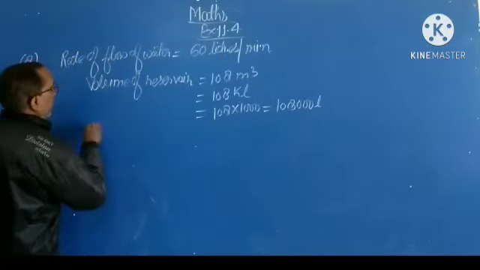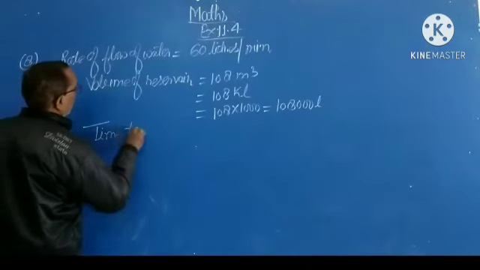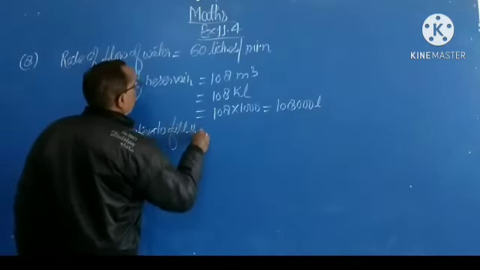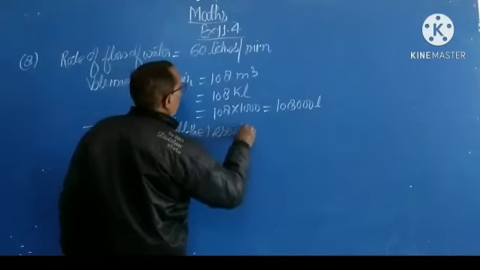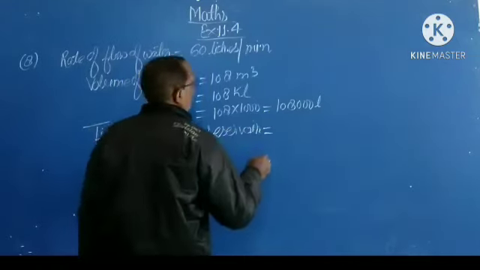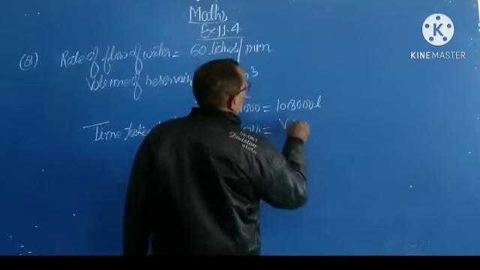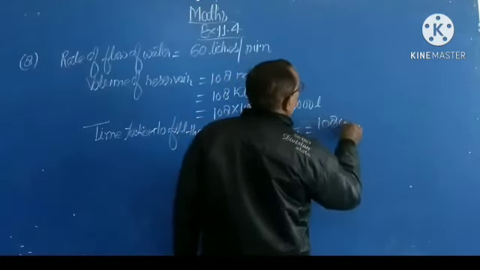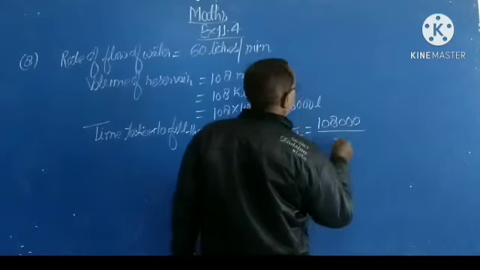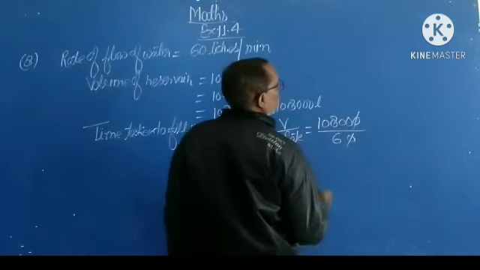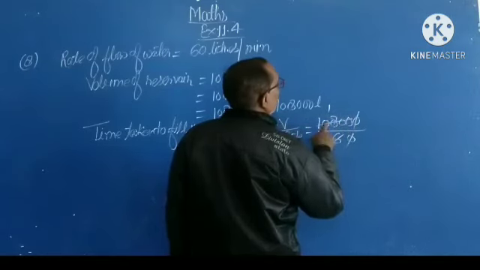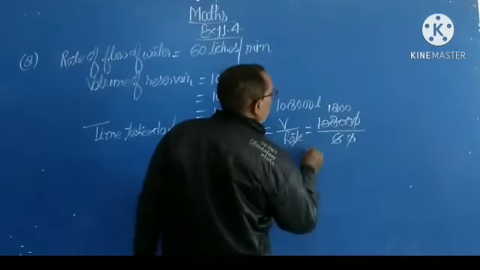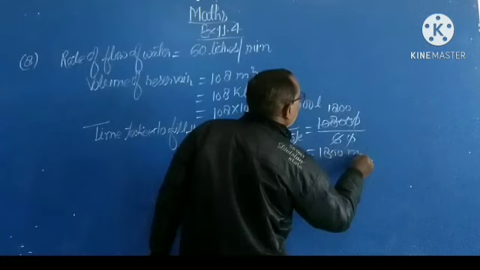And time taken to fill the reservoir is equal to volume upon rate, that is 108,000 upon 60. 0 is cancelled by 0, and 6 1s are 6, 6 8s are 48, and double 0 is here, means 1800 minute.